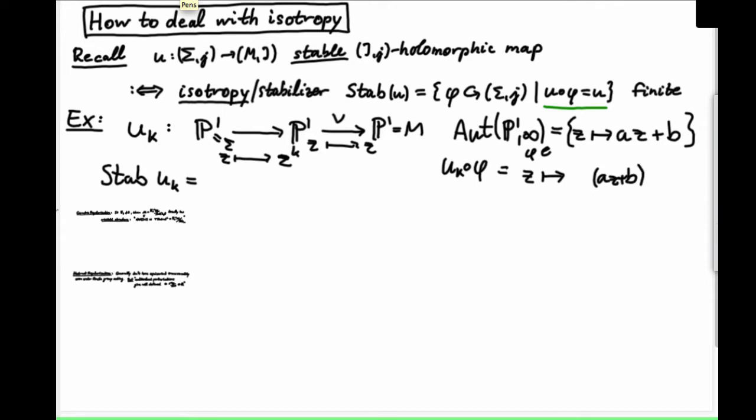Then we apply our map u_k, which goes to (az+b) to the k. Whereas u_k maps z to z to the k. And the two are equal pretty much exactly if a to the k is 1 and b is 0. Big surprise, right? We have the stabilizer group being the kth roots of unity.